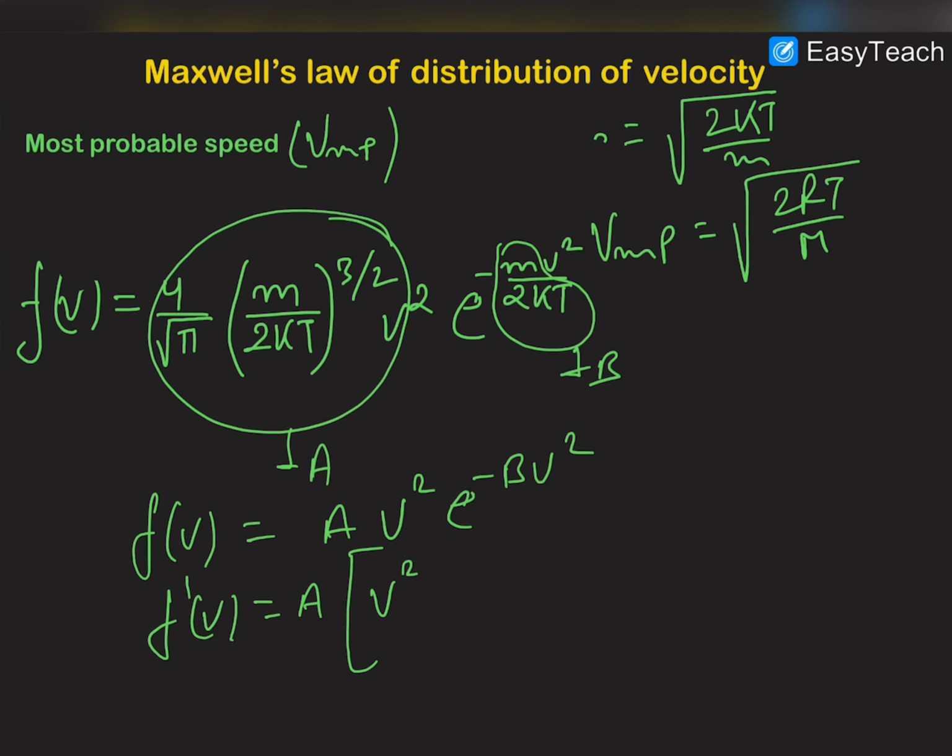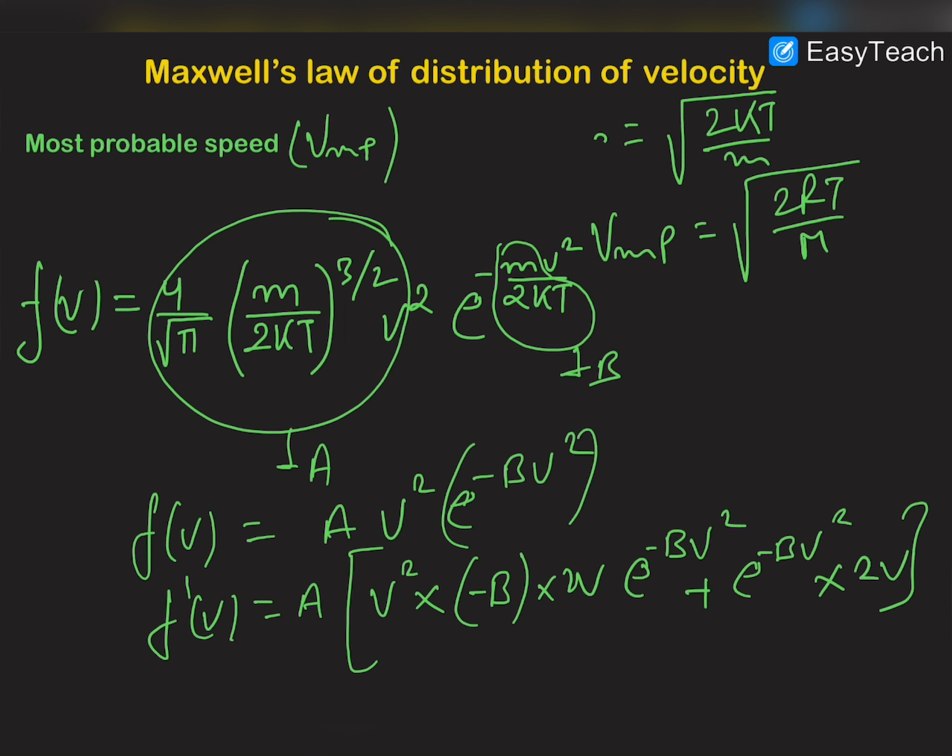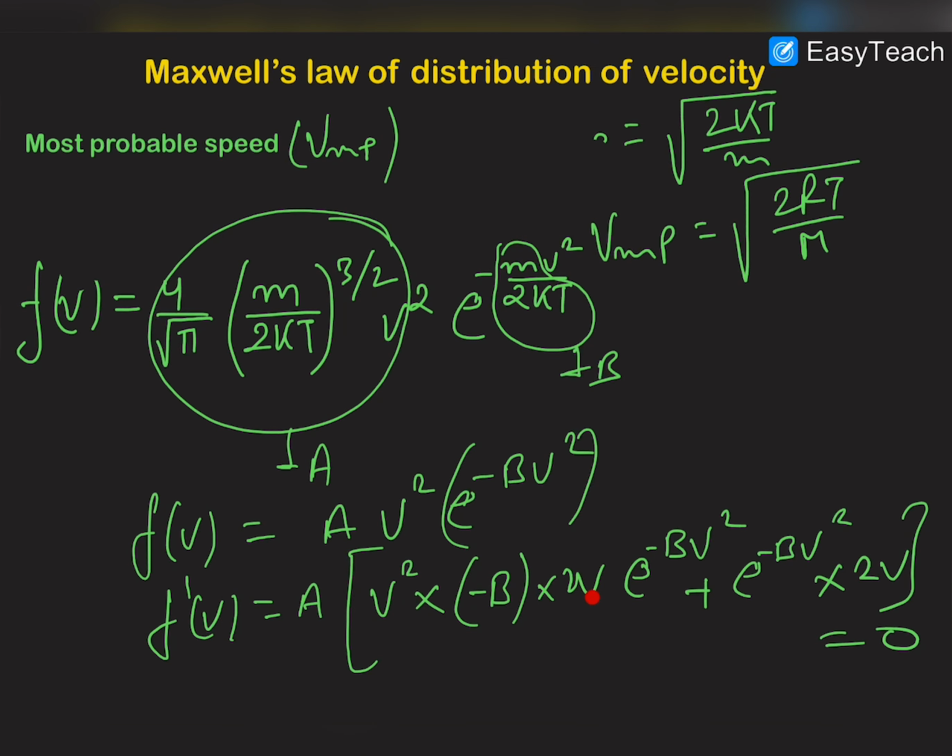So this is v squared multiplied by the differentiation of this term, which would be minus b into 2v e to the power minus b v squared, plus, now we will differentiate v squared and take this common, minus b v squared into 2v, and we will equate this to 0. So you will see that this 2v and 2v will be cancelled out, and e to the power minus b v squared and e to the power minus b v squared will be cancelled out.